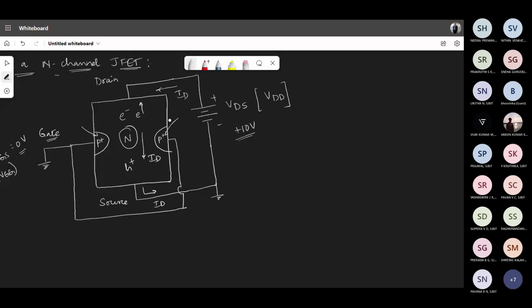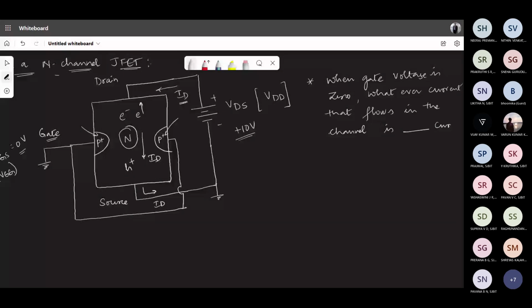So let me write that when the gate voltage is 0, whatever current flows in the channel is dash current. What is it? Can you fill in this blank?